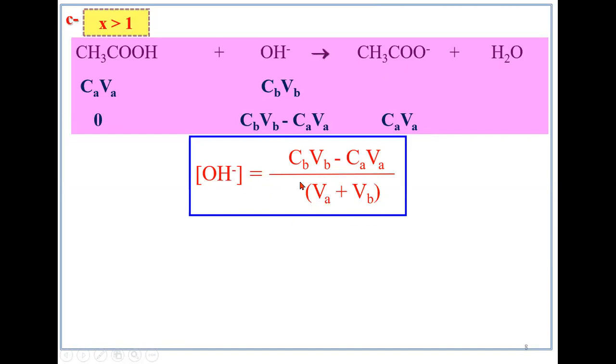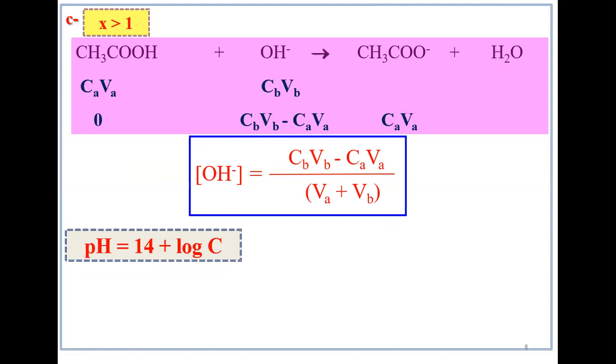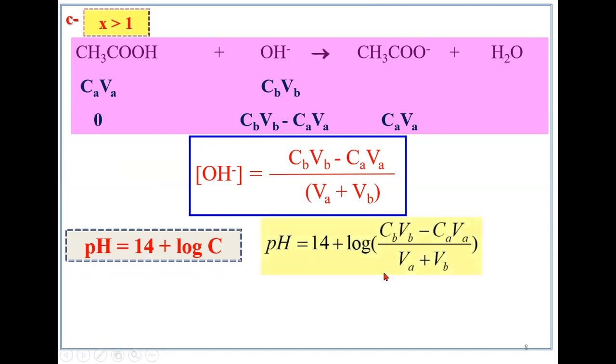And this is always the case, and yes, you may use that. And the pH, of course, you can get pOH, which is minus log of this concentration of OH, and then get the pH. So pH is 14 plus log the concentration of the OH minus, so I just substituted.